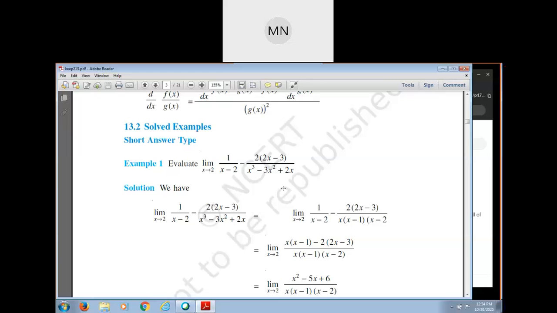But here the function is given as 1 by x minus 2. If we directly put the limiting value x equals 2, then what happens?